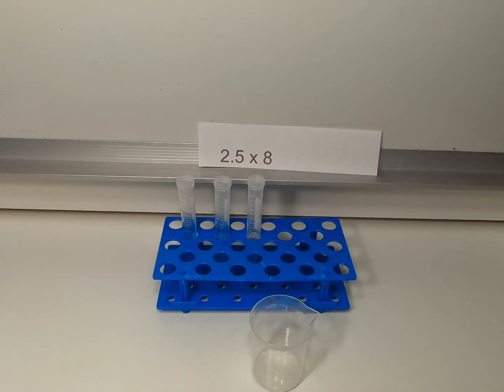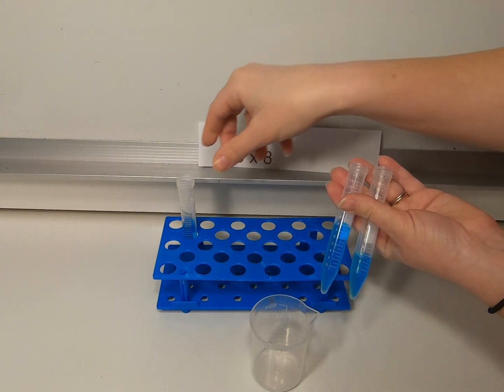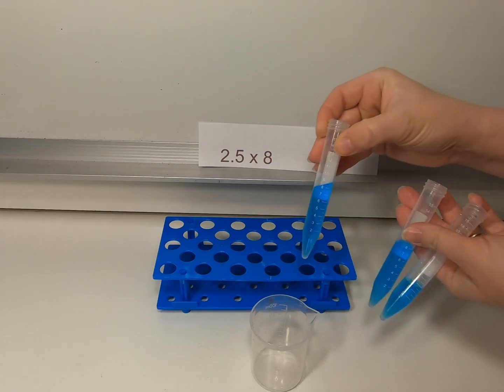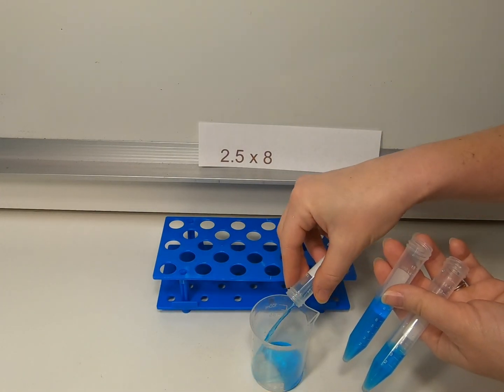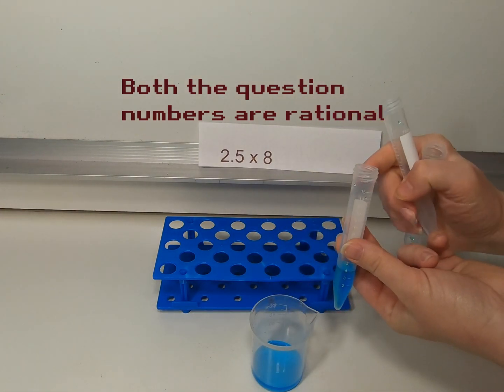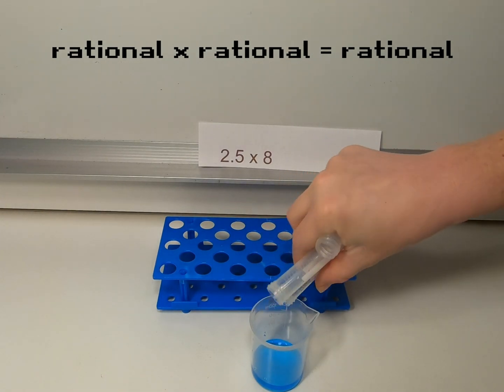Now let's go over to some products. Products are combining groups together. This is 2.5 times 8, or 2.5 groups of 8. Both of them are rational numbers, so again, I put them blue. Add these groups together, and you get blue, or a rational number.